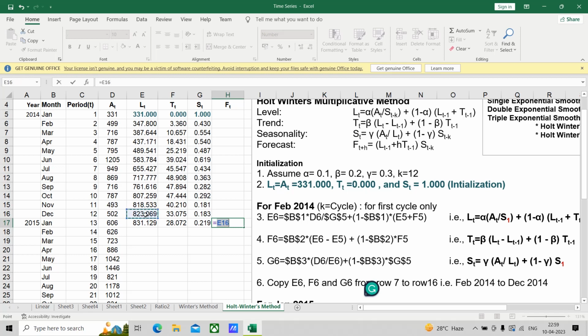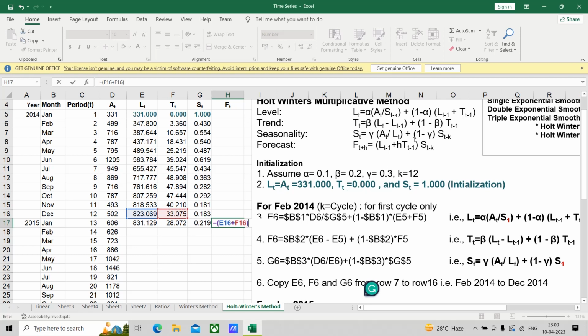So we press E16, then first enter an opening bracket, then E16, then press the plus sign, then H is 1, so T 13 minus 1, that is T12, and this one is T12, that is F16. So we press here and we close the bracket.